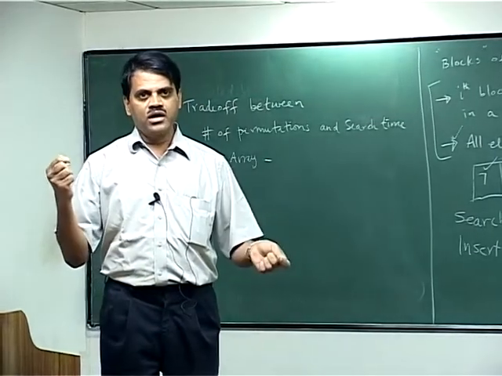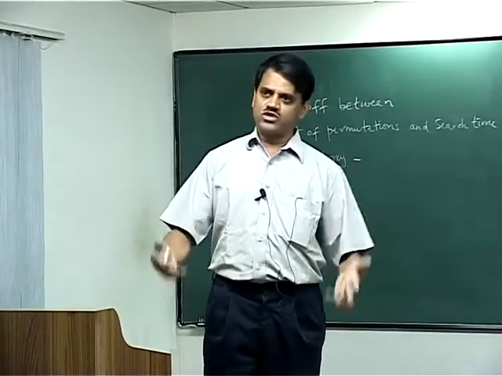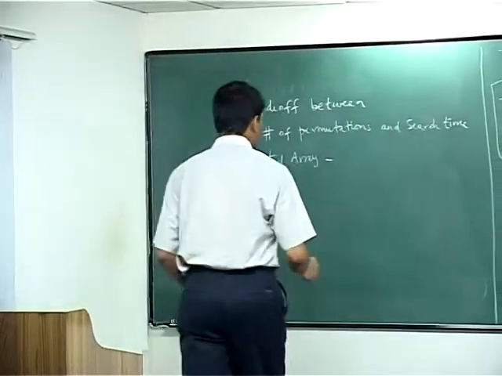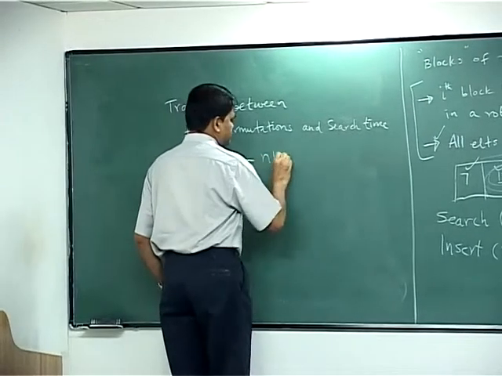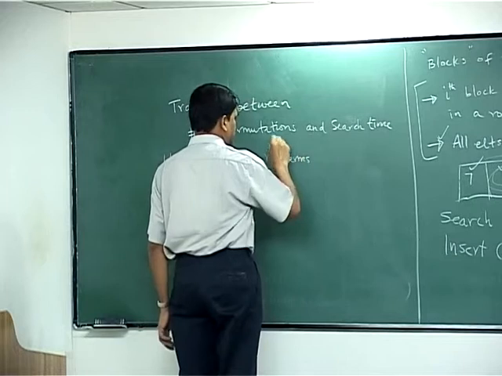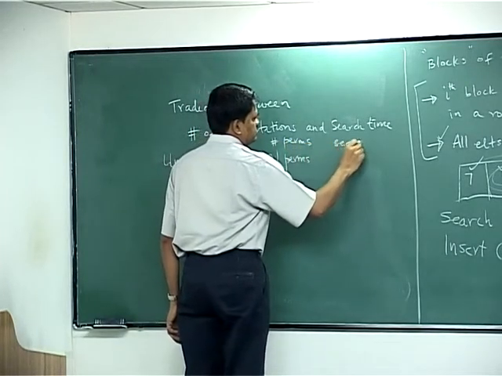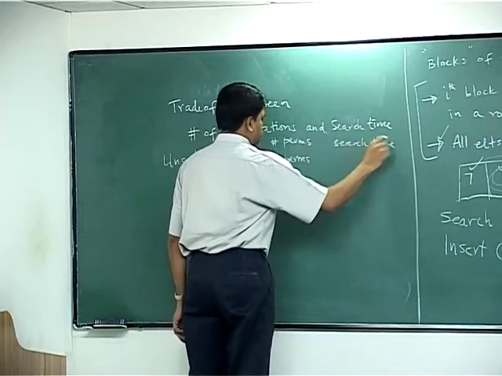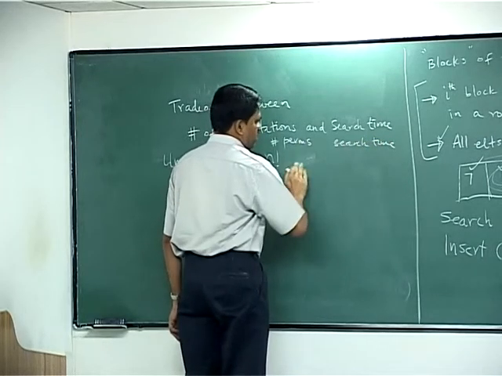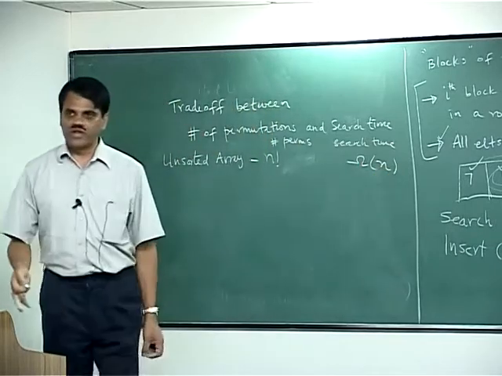Your input can be in any of the n factorial permutations, because there is no structure. The search time, we know, is linear; you can't do better than this.